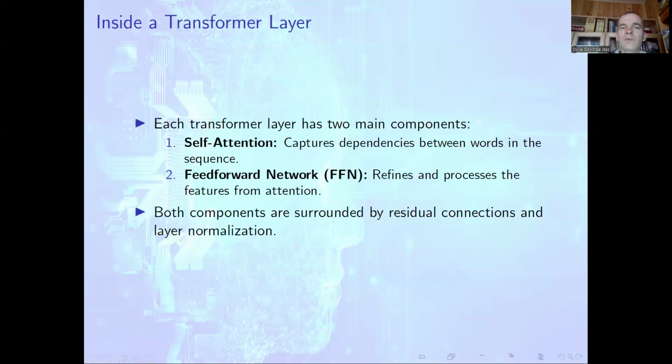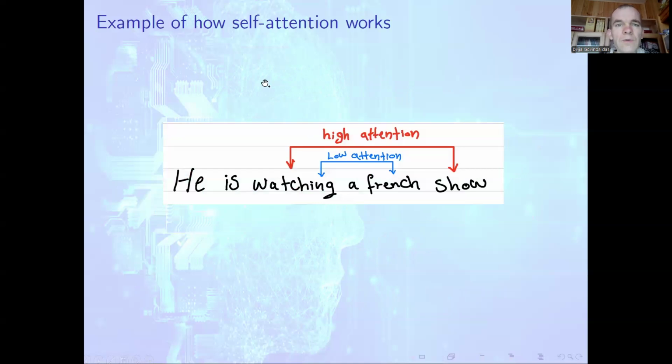Each transformer layer has two main components: self-attention itself and a feed-forward neural network. They are also surrounded by additional auxiliary residual connections and layer normalizations for the proper training of these blocks. So how do self-attention blocks work? For example, in this case, we have a sentence: he is watching a French show. The self-attention mechanism allows us to understand that the principle is that someone is watching a show.